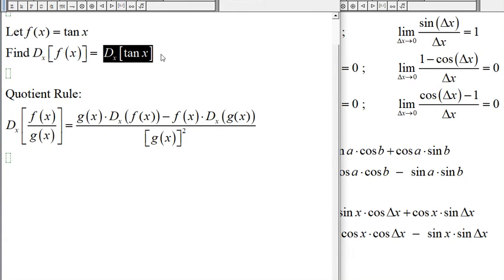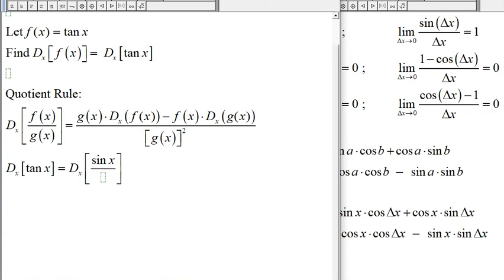So we want the derivative of tangent of x. Recall from trigonometry that tangent of x is sine of x dividing by cosine of x. And now we have the quotient. Sine of x is like f of x, and cosine of x is like g of x.